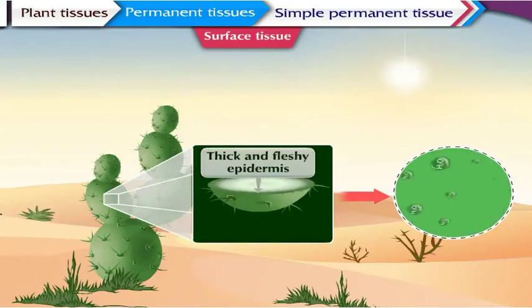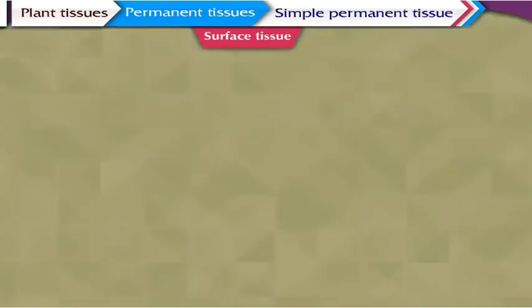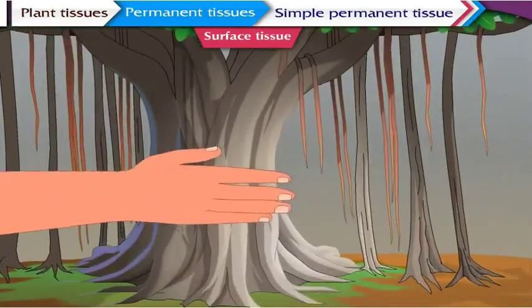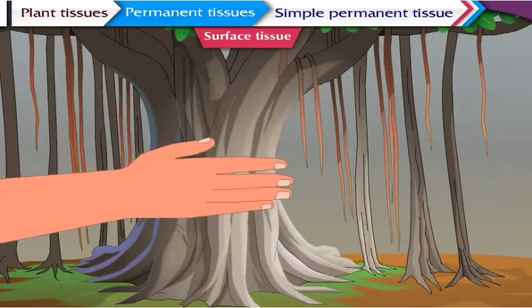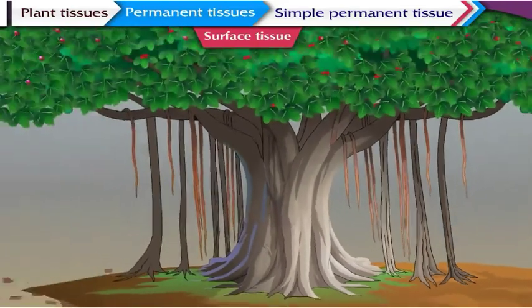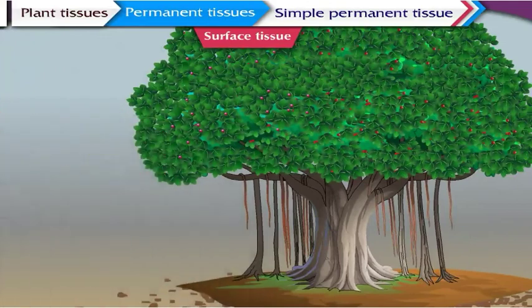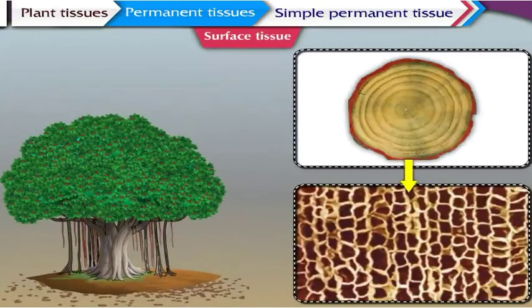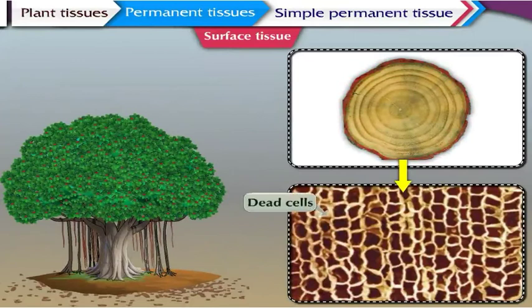Let us study the next section. If you touch the trunk of huge trees, you will realize that the bark of such trees is dry and rough. Why does this happen? As woody plants grow older, the cells of the epidermis break and die. They are compactly arranged.